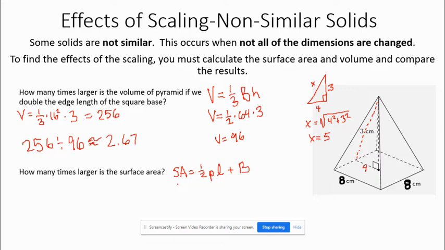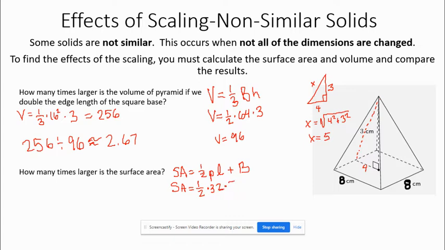So now my surface area would end up being 8 times 4, because I have 4 lengths of 8 to make the perimeter, which is 32. So it's going to be 1/2 times 32 times that slant height, or lateral height. It actually has another name, slant height. I forgot to mention that in the other videos.